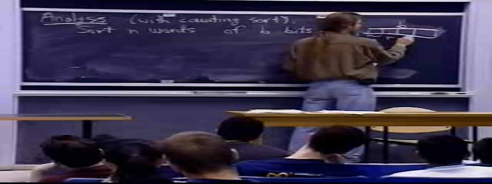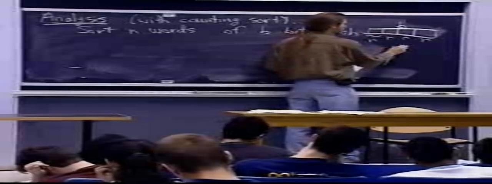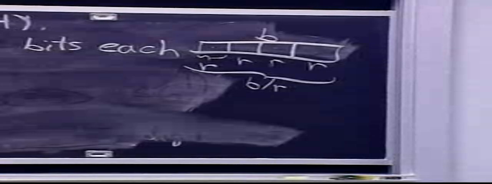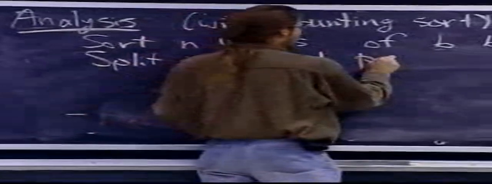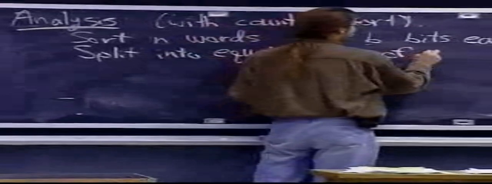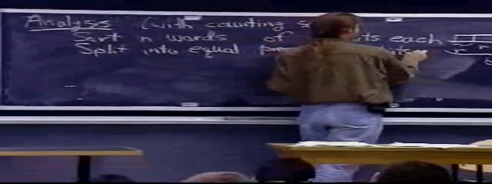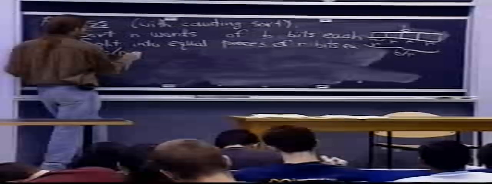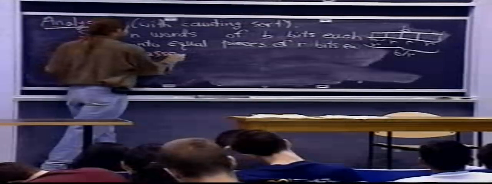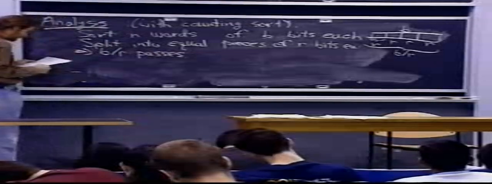So each of these is r, and so there are b over r chunks that we've divided our number into. So split each b-bit word into r bits. And so there are b over r passes through the algorithm. B over r times we call counting sort, one for each digit.